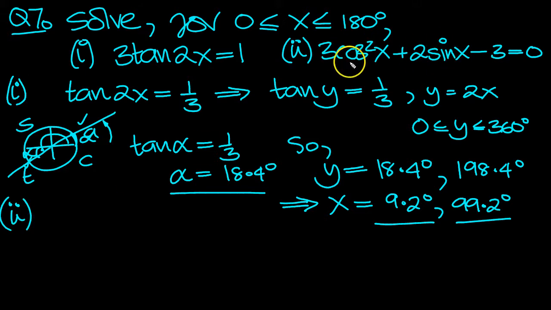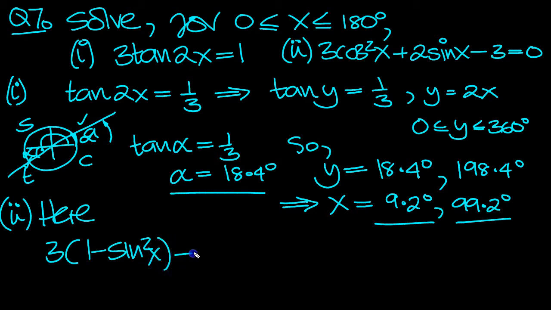So if we replace cosine squared by 1 minus sine squared, we'll have a quadratic in sine. So here we see that 3 of cos squared, which we can write as 1 minus sine squared, plus 2 sine x minus 3 equals 0. So all I've done is put cos squared is 1 minus sine squared and written down the other terms as is, equals 0.